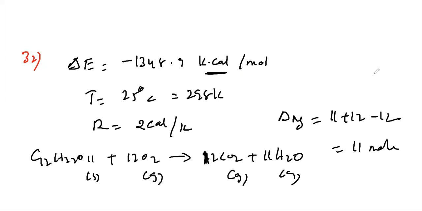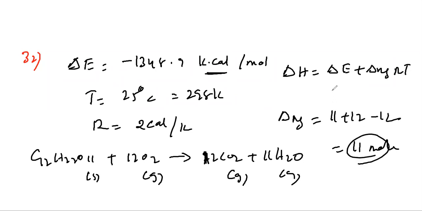So what is the formula for delta H? Delta H is equals to delta E plus delta Ng RT. The delta Ng value we got is 11.